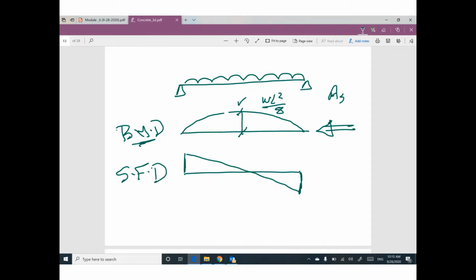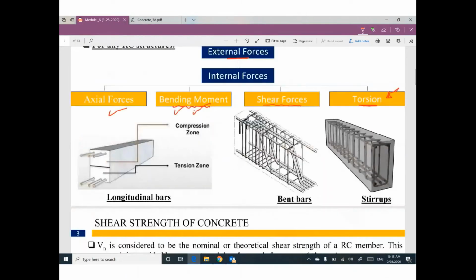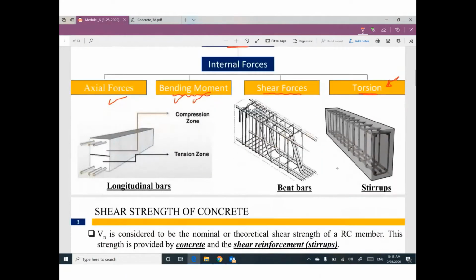Guys, your bending moment is supported in the beam by this longitudinal reinforcement. And we learned how to figure out this reinforcement. Your moment is coming like this. So we have tension on one side and compression on the other side.